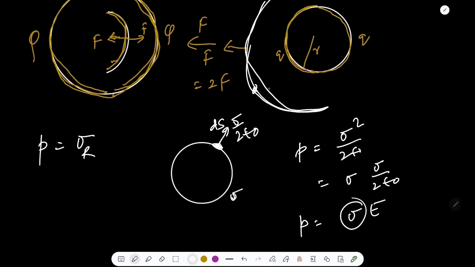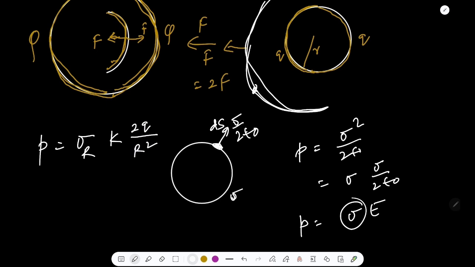And I know the electric field here is produced by this small hemisphere, and that value I can simply write as k q by r squared, but not kq by r squared, rather it will be written as k 2q divided by r squared, because the smaller hemisphere has charge 2q.